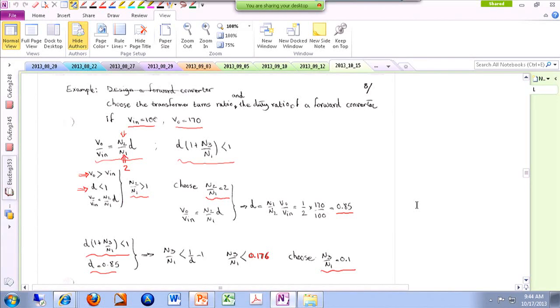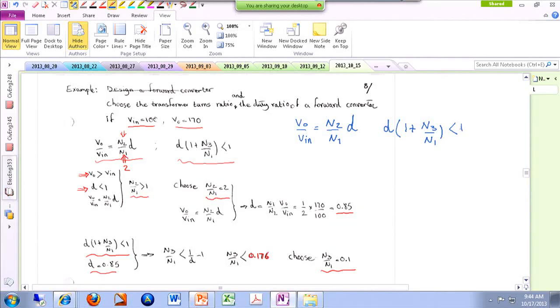The equations that we have to keep in mind: one is the voltage transfer ratio, Vout over Vin is N2 over N1 times D. This is an important thing. The other one was the condition that we had to satisfy to make sure that the magnetizing inductance is de-energized, which was this one.